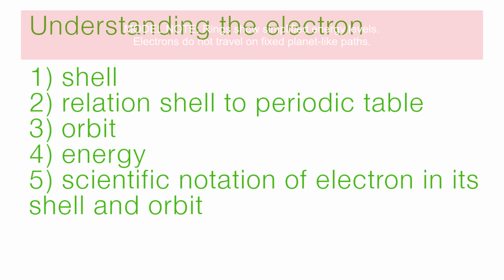The electron's shell, the relation of the shell to the periodic table, the orbit, the electron energy, and how you write the scientific notation of the electron, so which shell it is and which orbit it is.